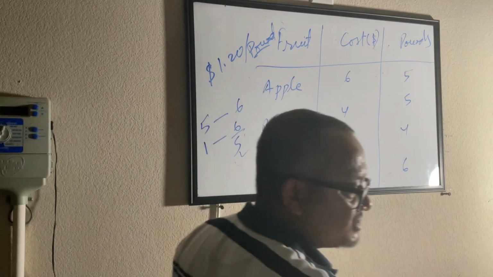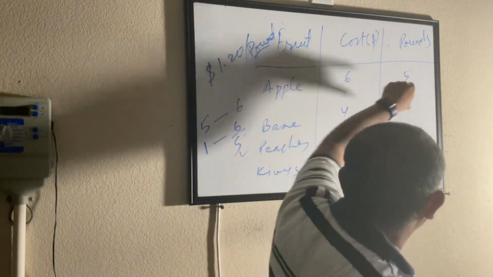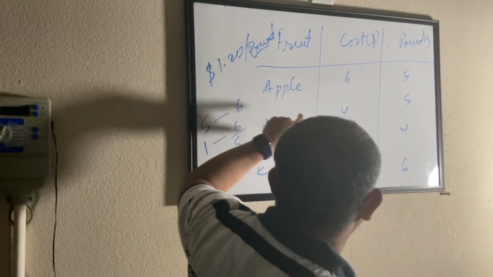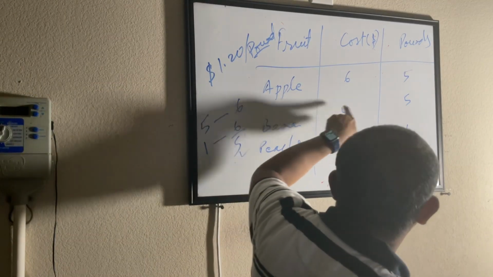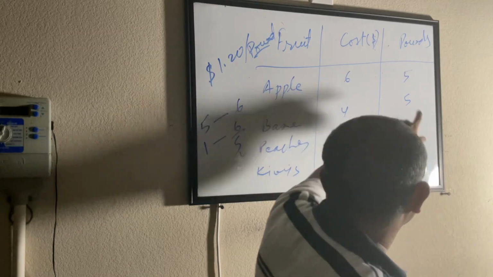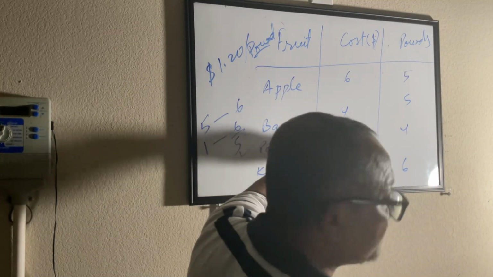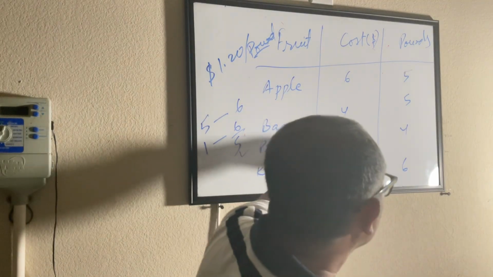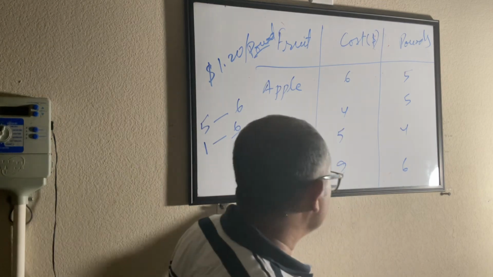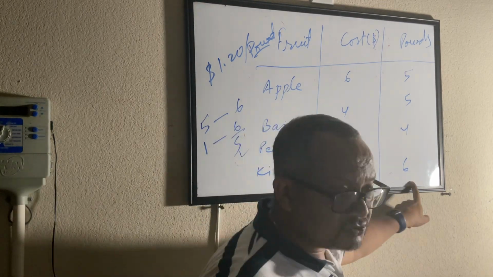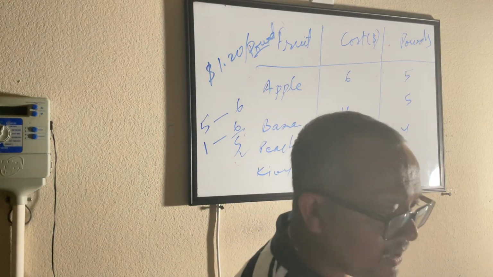Banana costs $4 for 5 pounds, so 1 pound will be 4/5. Similarly, peaches, $5 for 4 pounds, 1 pound will be 5/4. Kiwis, $9 for 6 pounds, so 1 pound will be 9/6. As simple as that. Okay.